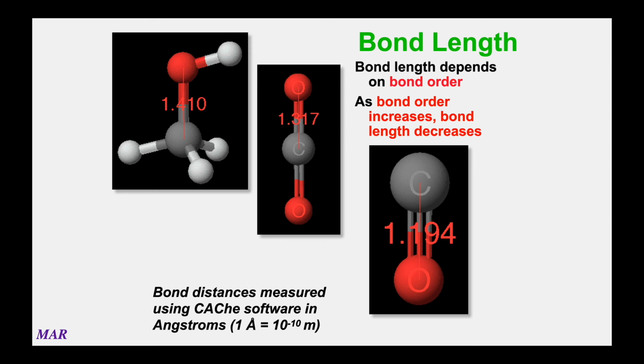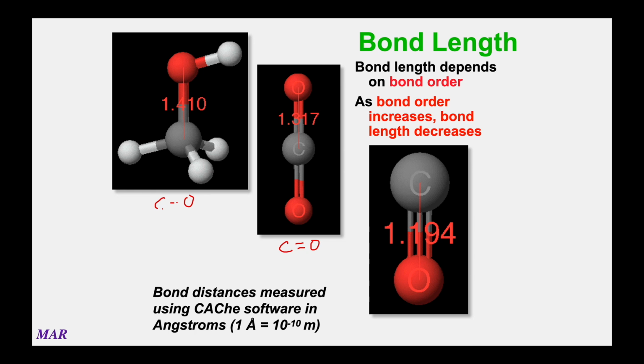And this is a better example to show what's going on. The upper left-hand corner is methanol, and methanol has a CO single bond, and that's 1.410 angstroms. Carbon dioxide has a C double bond O, a carbon-oxygen double bond.